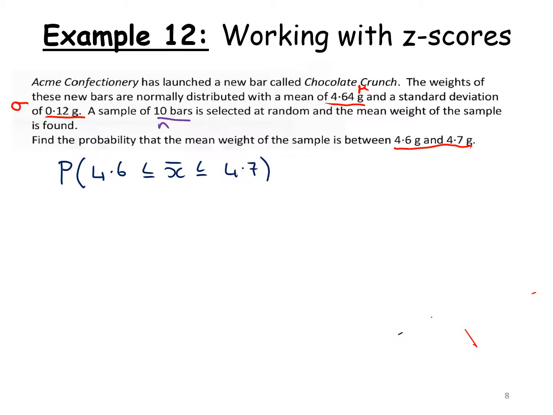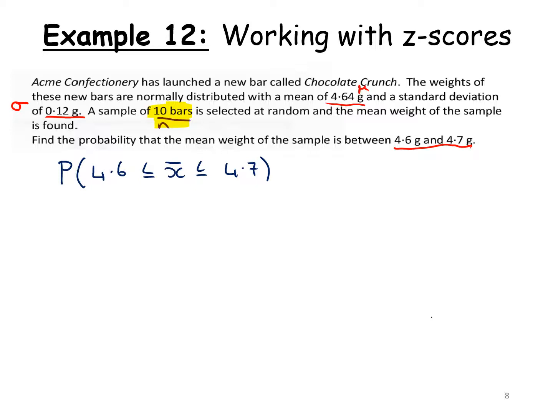Now, this is linking to our central limit theorem. Can I state that the sample is normal? Just to highlight how many things are in my sample, we have 10 bars. As a reminder, once the sample was big enough, any sample, regardless of its underlying distribution, would be normal, and that is if we had 30 or more in the sample.